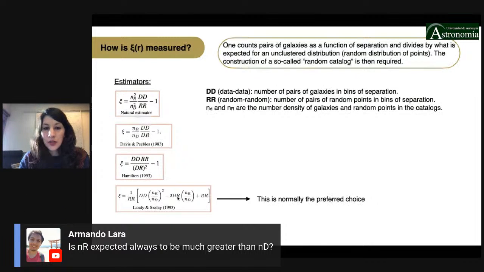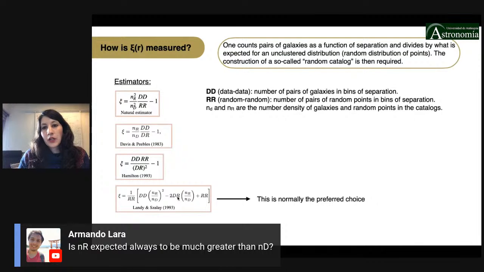Yeah, good question. Yes, we need to simulate the random catalog. That means that we can choose any size that we would like. And normally you need to use a very large size because that decreases the Poisson errors.